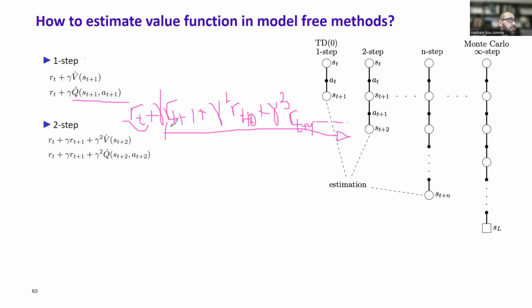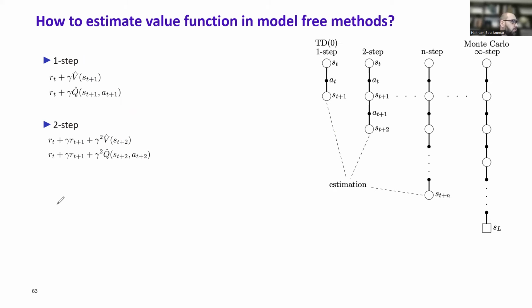If you're working with two steps, you observe this reward, and from here onward, you do this estimate. You can rewrite it in this form, and so on. This is just a way to estimate the value of the policy in model-free methods.